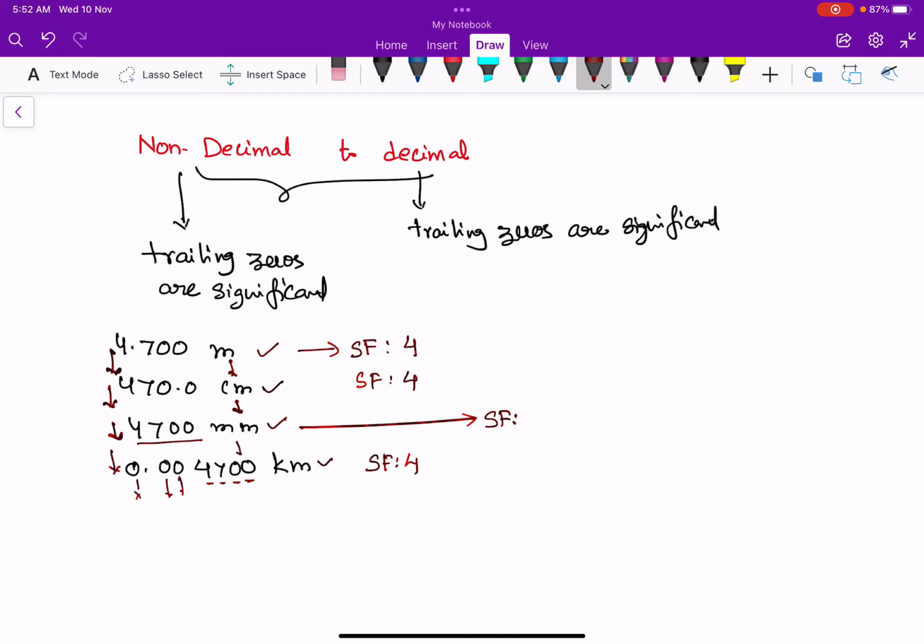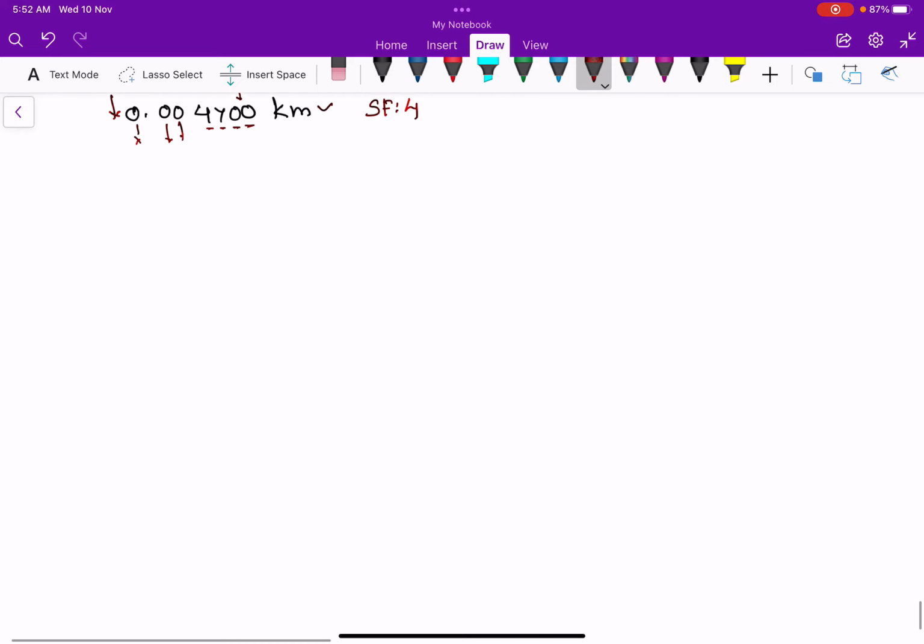Now next, if we want to change one system of unit to another system of unit, what do we do? We will consider a notation called scientific notation, right?